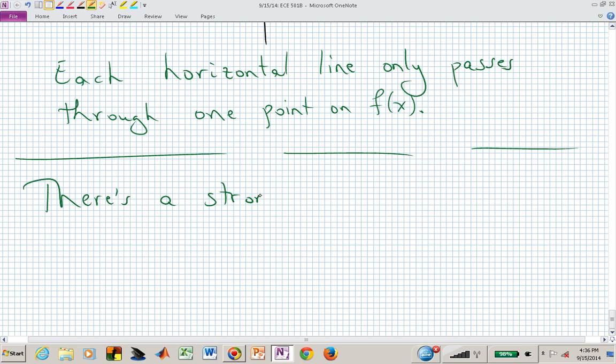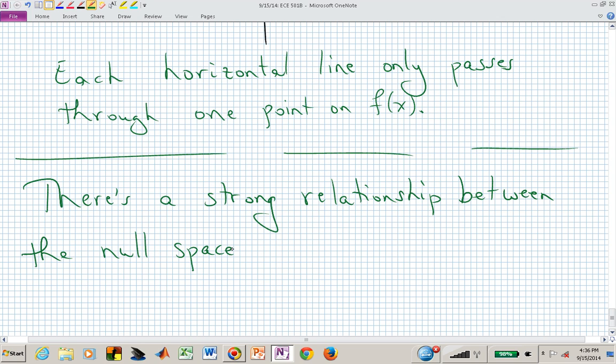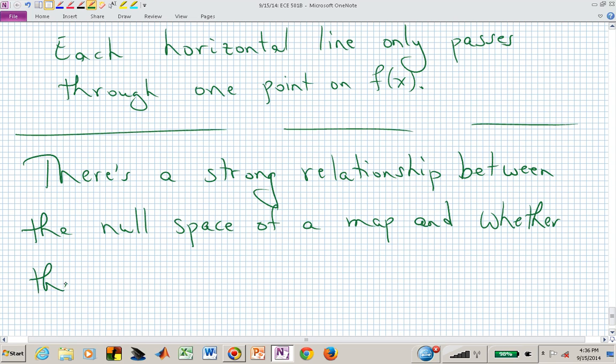There's a strong relationship between the null space of a map and whether the map is injective.